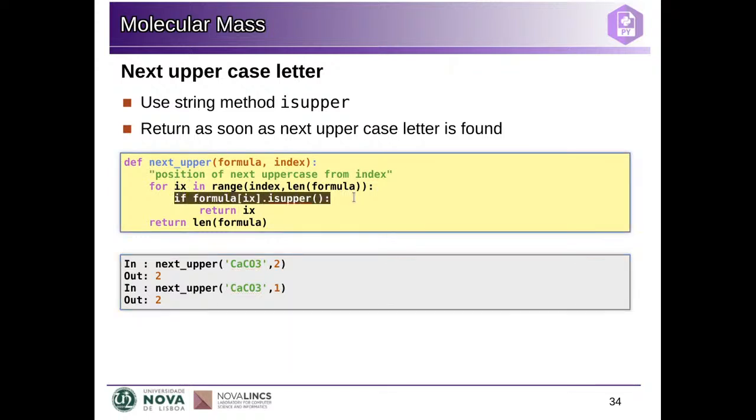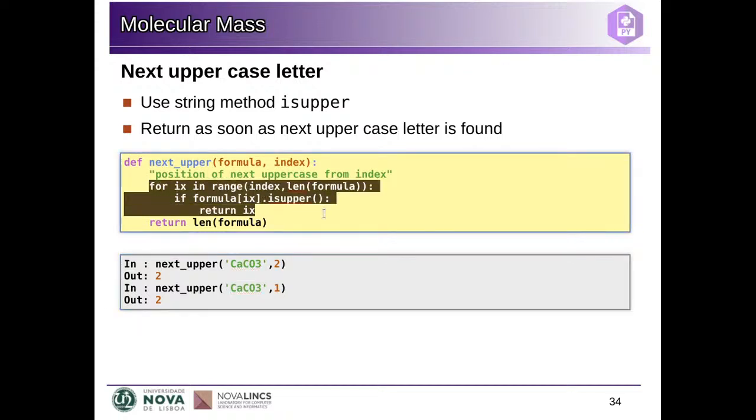This is an uppercase character, so it returns immediately, and it returns 2. If it starts before, for example, at A, then it's going to skip this part, it doesn't return, and it's going to try the next position, which is 2, sorry, and it's the uppercase C there, and then it returns.